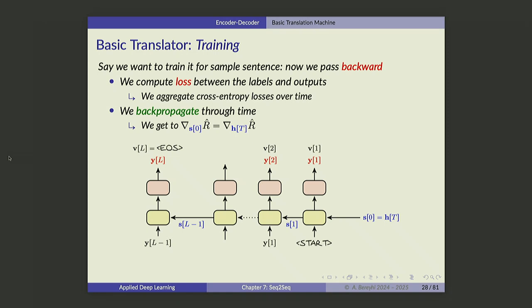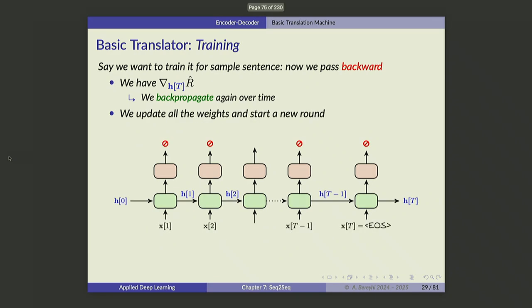That one is the gradient of the loss with respect to the output, or the last hidden state, of your encoder. So you pass it here, so this is going to be the gradient with respect to HT, and again you backpropagate through time till you get all the gradients. And now you have the gradient with respect to the weights of the encoder and decoder, which you're going to update. Everybody's cool? Questions?